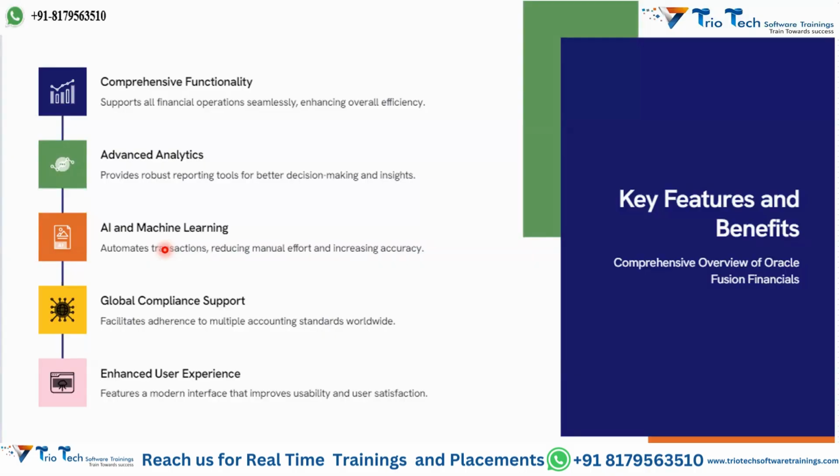One such example I can give you upfront is supplier invoice processing, right? Before, how it used to work, supplier invoices were entered manually. Some user had to do the supplier invoicing in the application in order to make payment to the supplier. But now, with the introduction of AI and machine learning, there is a specific feature called IDR, Intelligent Document Recognition, which is based on AI and machine learning.